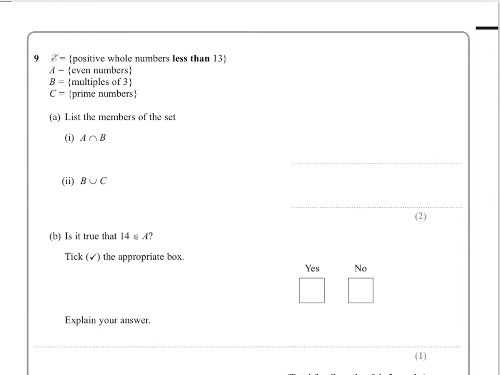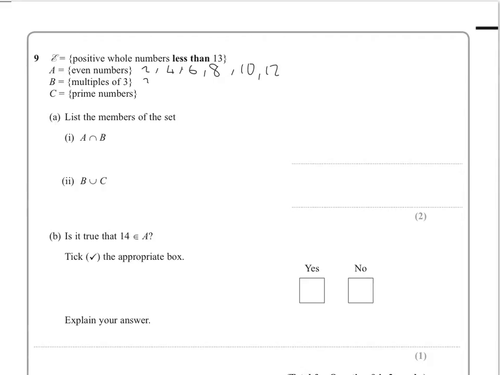So the universal set is positive whole numbers less than 13, so that means not including 13. So the numbers 1 up to and including 12. A, even numbers, well the even numbers between 1 and up to including 12 is 2, 4, 6, 8, 10, 12.